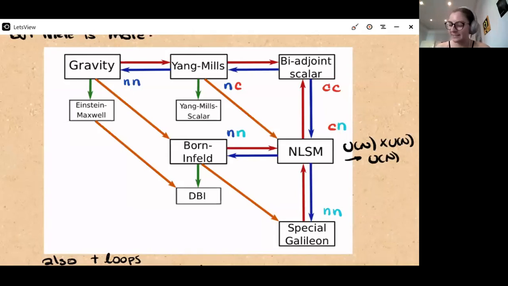Of course, for a scalar, you can play the same game and you get some higher derivative scalar field theory that has a lot of interesting properties. You can play the game of interchanging these kinematic factors with the Yang-Mills ones. You get Born-Infeld. There are many games you can play. There are many more theories that you can also include here. And it's way broader than we expected.